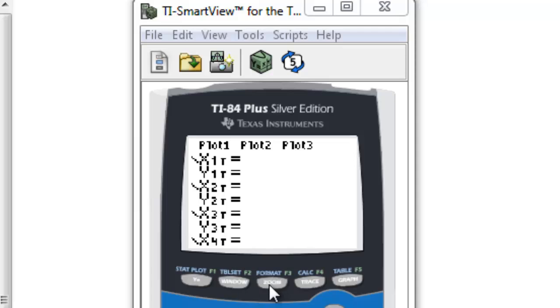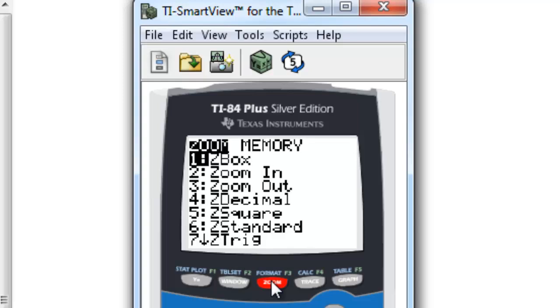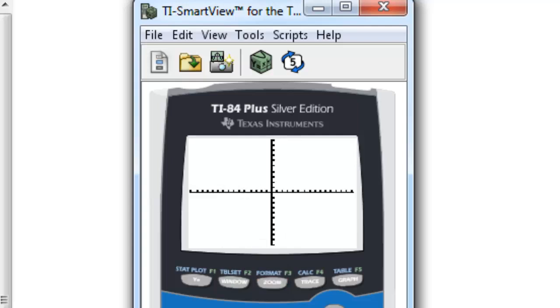I'm going to go into the zoom menu and choose option 5, ZSquare or zoom square. What that does is give me equal scales on the x and y axis so that when I graph things, they will appear in the correct proportions.